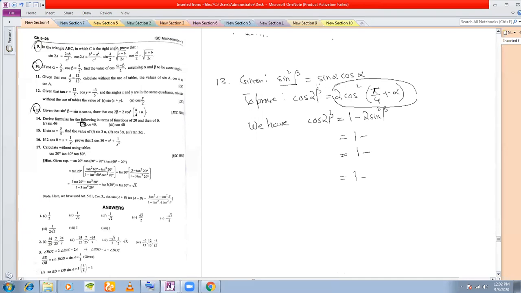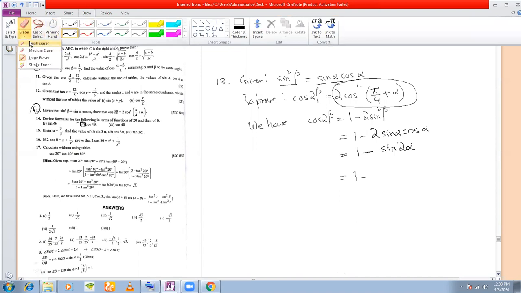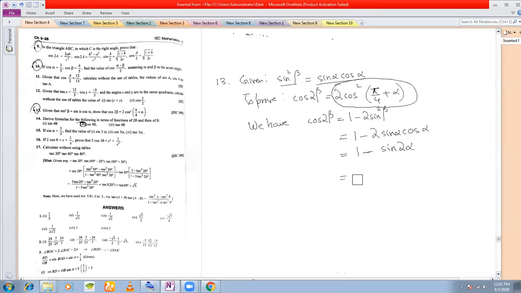See, sine square beta is equal to sine alpha cos alpha. So 2 sine square beta is 2 sine alpha cos alpha. Now what is 2 sine alpha cos alpha? We know this from the multiple angle formula to be sine 2 alpha, right? Yes, sine 2 theta is equal to 2 sine theta cos theta.